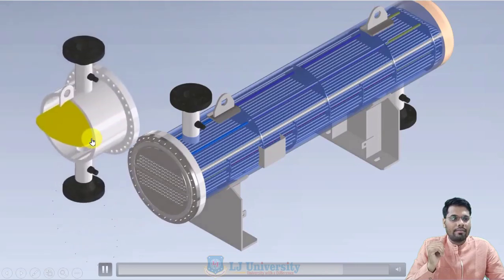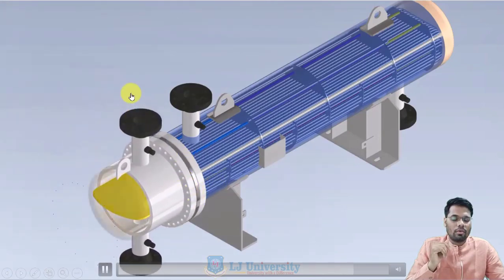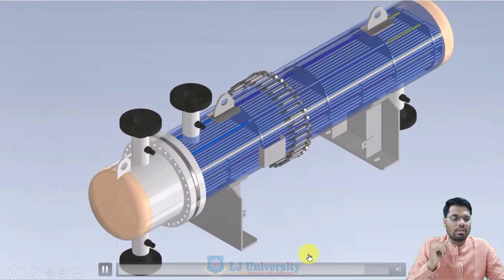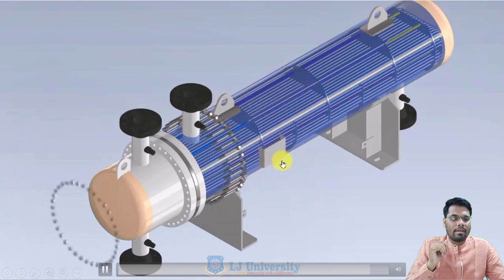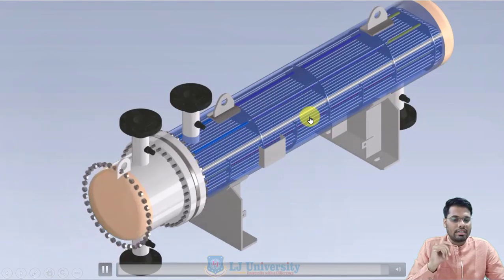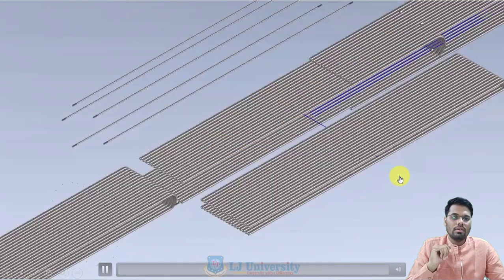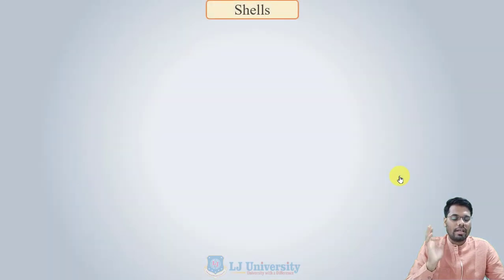This is the front end, which is attached to the tube sheet, from where one fluid is going to take entry, and this is the outlet nozzle. So this is how all the parts are attached in a shell and tube heat exchanger: front end, rear end, tube bundles, baffles and the nozzles. These are the different components of a shell and tube heat exchanger.